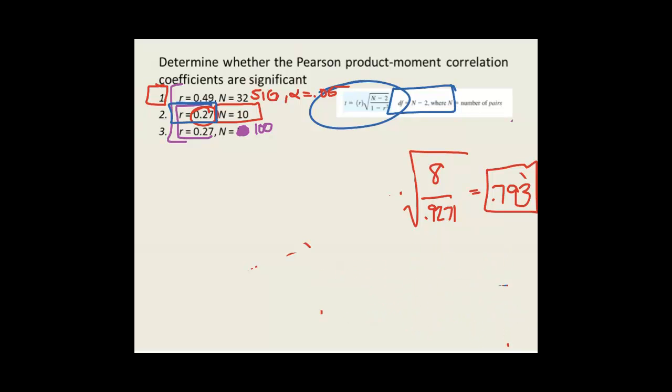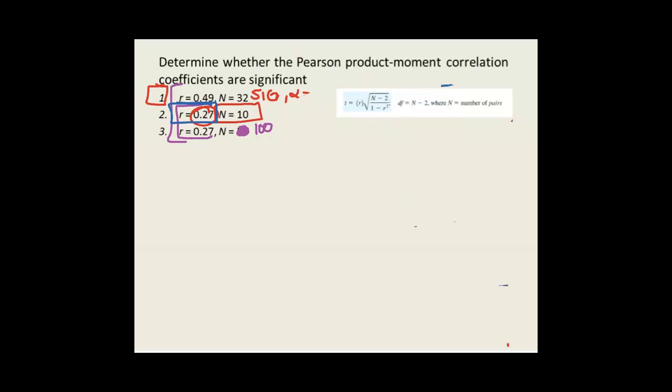Last one, I just erased the whole thing and I shouldn't have, but oh well. The last one here, what's different is instead of working it for an n of 50, I want to work it for an n of 100, same correlation coefficient as before. So now what's going to change is I've got my third one here, and it's 0.27 still times the square root.